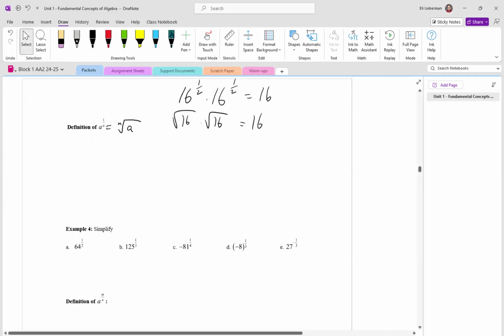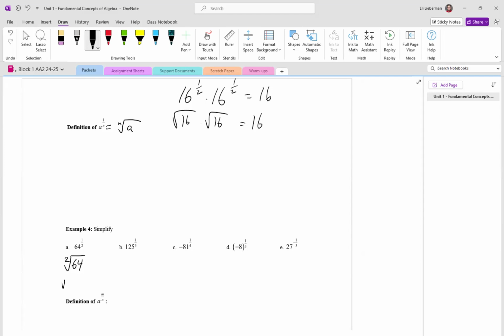Okay, so 64 to the 1/2 means the same thing as square root of 64. Those of you with iPhones, have you noticed on that scientific version that square root is represented with a little 2? It has a little 2 in it for some reason. But standard, if it's empty, we would just say square root of 64 is equal to 8.